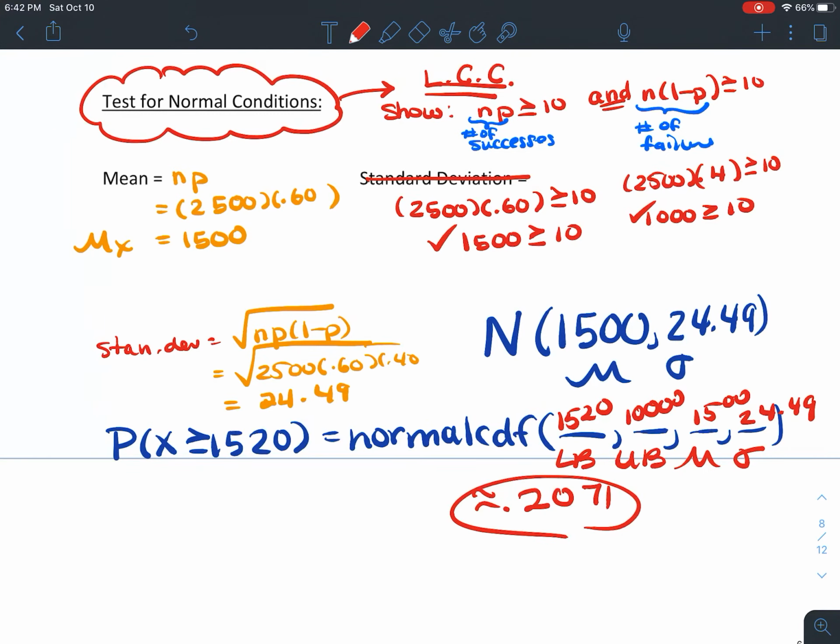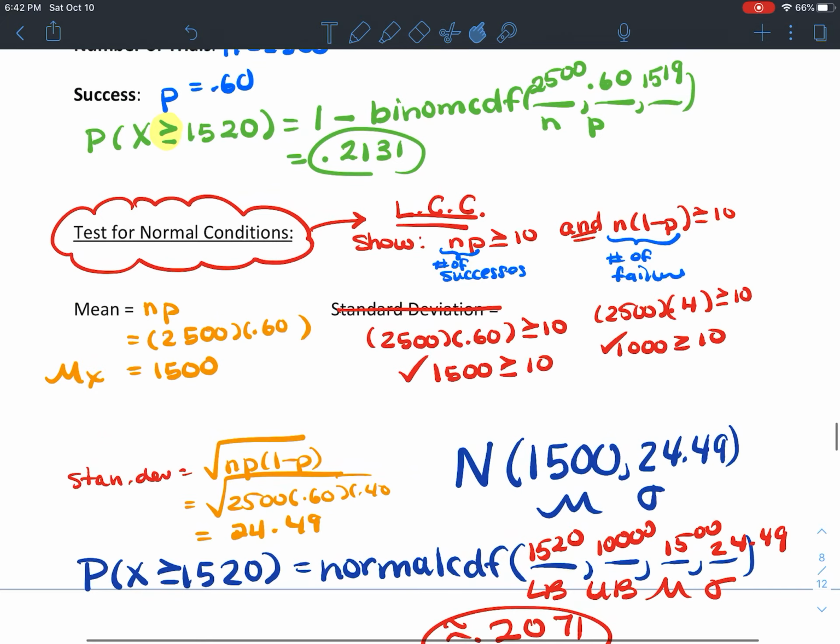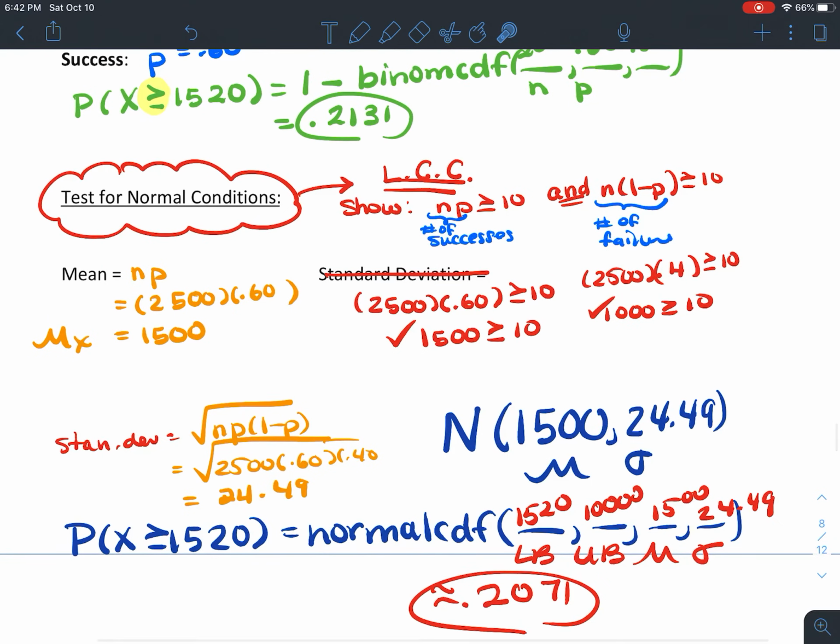My answer is 20.71%. Not exactly the same as what we got with binomcdf, but on an AP test, they would accept you doing the problem this way or the other way. The rubric would show both of those answers for sure.